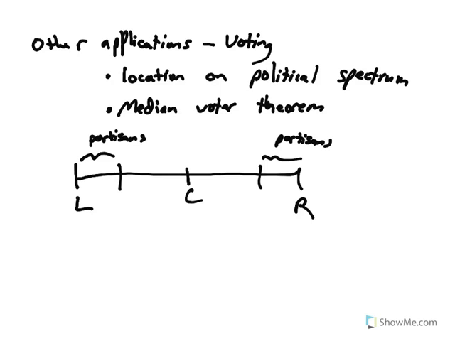If the partisans are big enough, like if we're out to here, and the partisans go out to here, well, it's no longer going to be great for both candidates to stay at the center, because if someone stays at the center and someone moves to this partisan edge, that person can get all the partisans plus half the distance to the center, and now they're going to win the election.